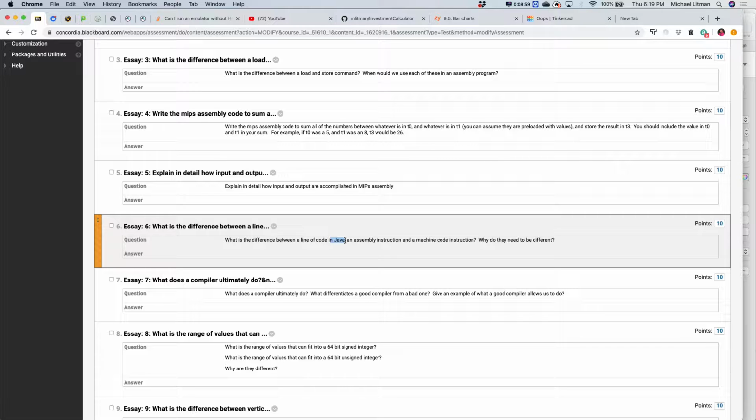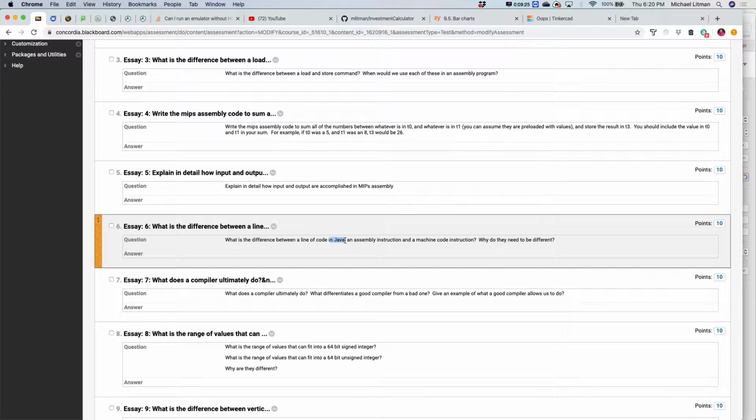I think the answer that you gave would be why do we use Java versus write machine code? Well, the way that I would rephrase it: we treat these as three separate products. If Java is one product and machine code is another product and assembly instructions are another product, why do these guys need to be different?